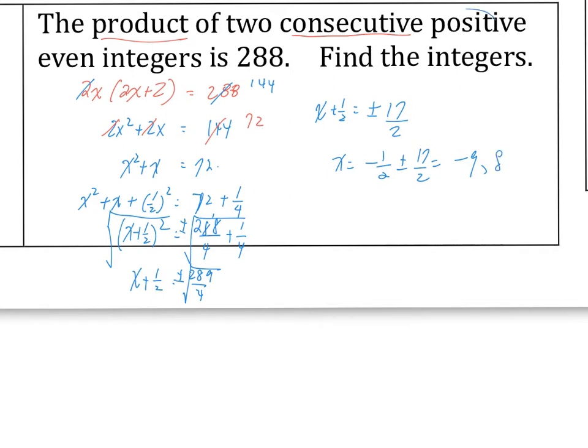And we're only interested in positive even integers, so we can ignore the negative 9. So our first even integer will be 2 times 8, which is 16. And our second one will be 2 times 8 plus 2, 16 plus 2 will be 18.